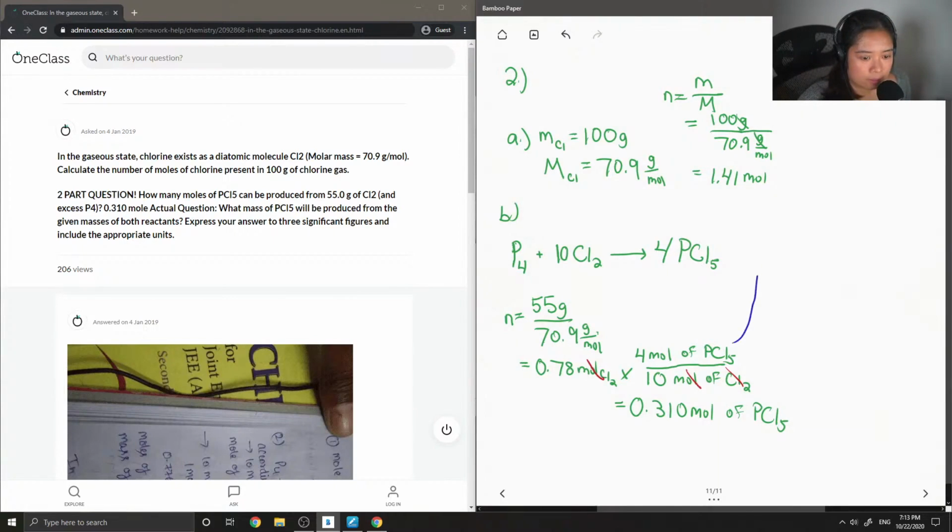But we want to look for the mass. And we can do that using the number of moles times the molar mass. So for PCl5, we calculated the number of moles to be 0.31 moles.